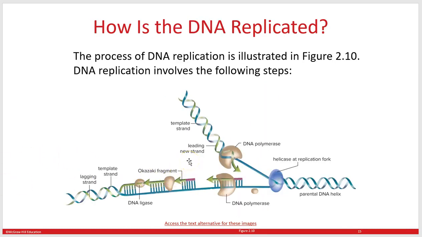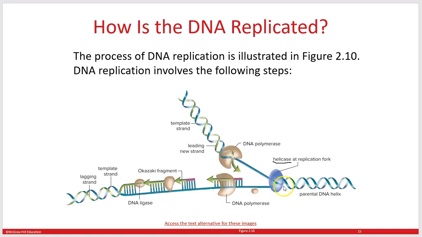Well, the process of DNA replication occurs in several steps, and one of the first steps is this thing here, called helicase. It's the job of helicase to take the parental strand that's bonded together and basically unzip it.